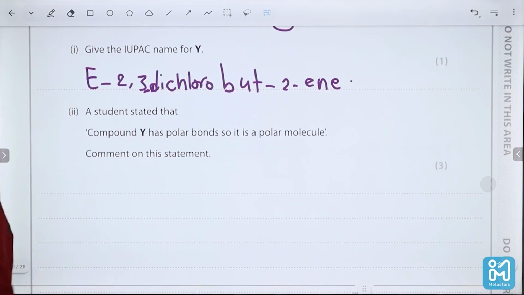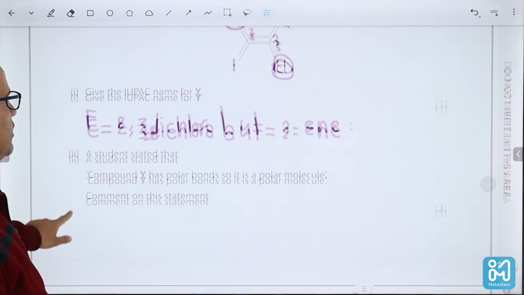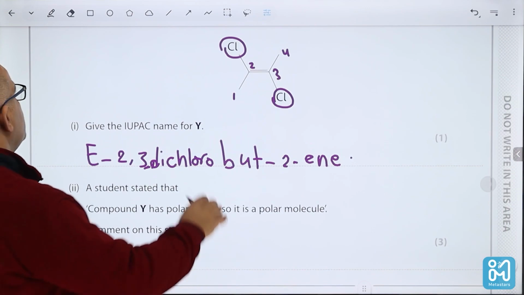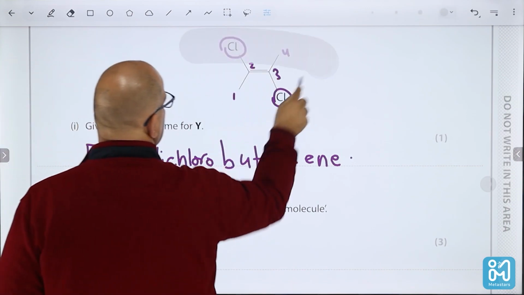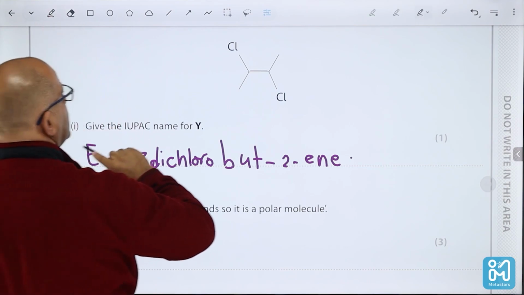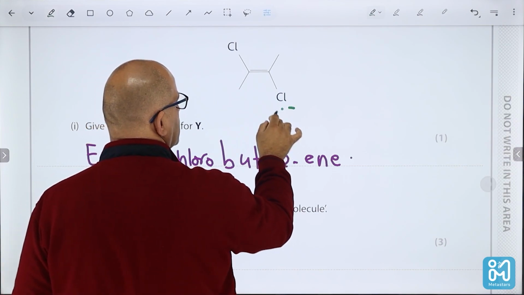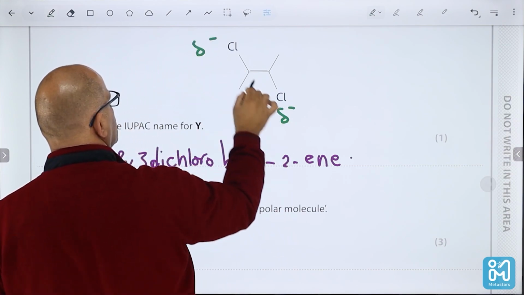That's the correct IUPAC name. A student stated that compound Y has a polar bond, so it is a polar molecule. Comment on this. We can omit all of this and explain the idea of polarity. You know, this is partial negative and this is partial negative.